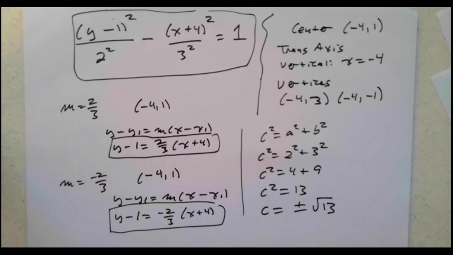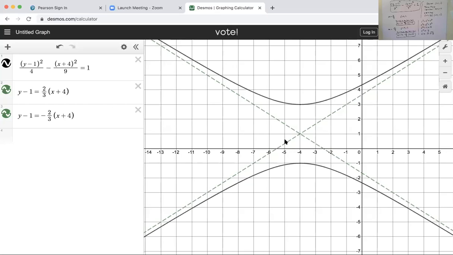So where does that put me on the graph? Directed distance from the center. The center is here, up root 13 from that point, down root 13 from that point. So what is that point? That point is -4, 1. We see that's the center. We have root 13 as the directed distance.